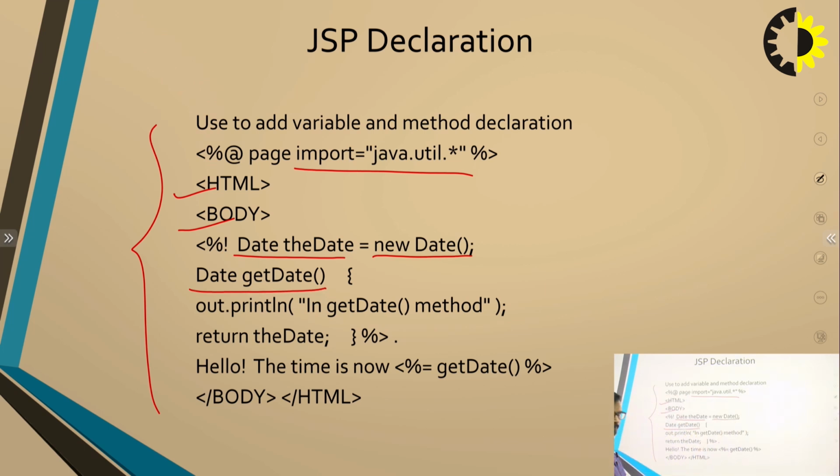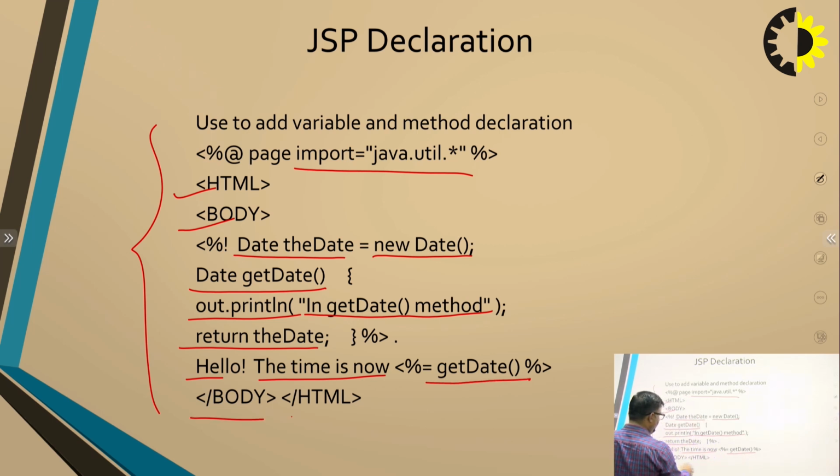Here we will put the time or the date, out.println get date method, then return the date, then hello the time is now, then get the date and body and HTML. Here we will get the date and then use the get method.